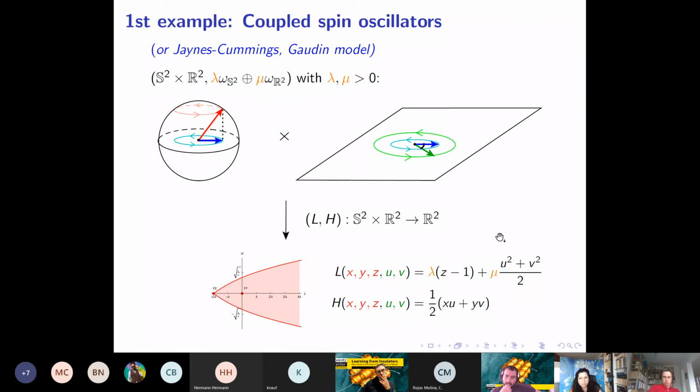This is the so-called coupled spin oscillator, and you can see the image of the momentum map: a curved open polygon. Here you have an elliptic point, and here the focus value is drawn. The L and the mu are just some constants with which you can scale.